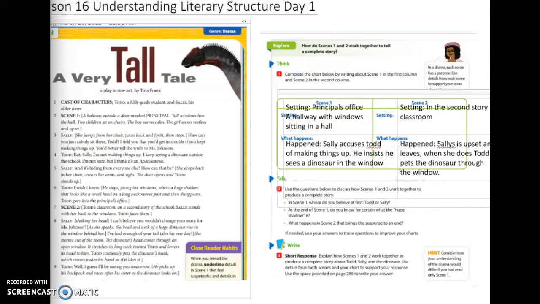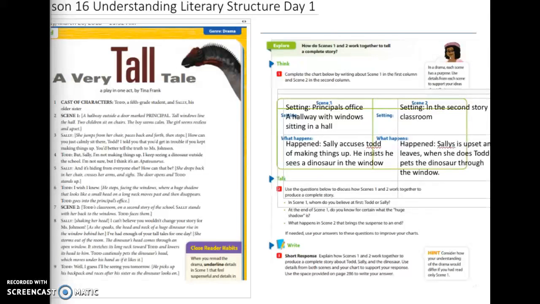Okay, so with your group, I hope you guys talked about something along the lines of Scene 1 and Scene 2 being connected. Scene 1 talks about the conflict that arises, and the conflict is that Todd is perceived to be telling a lie. And in Scene 2, we talk about where and how the events come to a close.